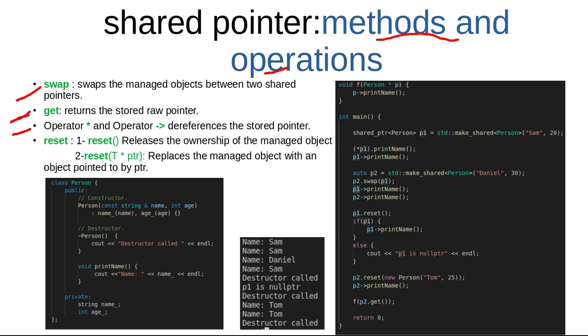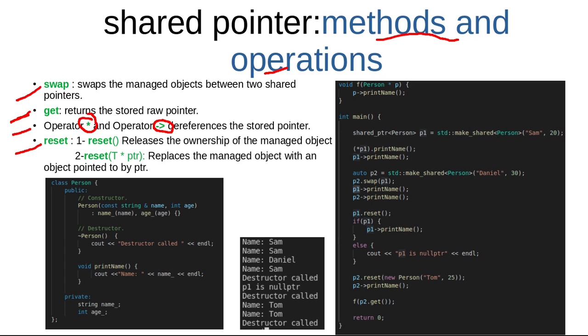You can dereference the object or the pointer using the star operator or the arrow operator to access the object pointed to by the pointer. Reset method. There are two uses of it. The first, if you don't supply any parameter to this method and you call shared_pointer.reset, it will release this pointer.